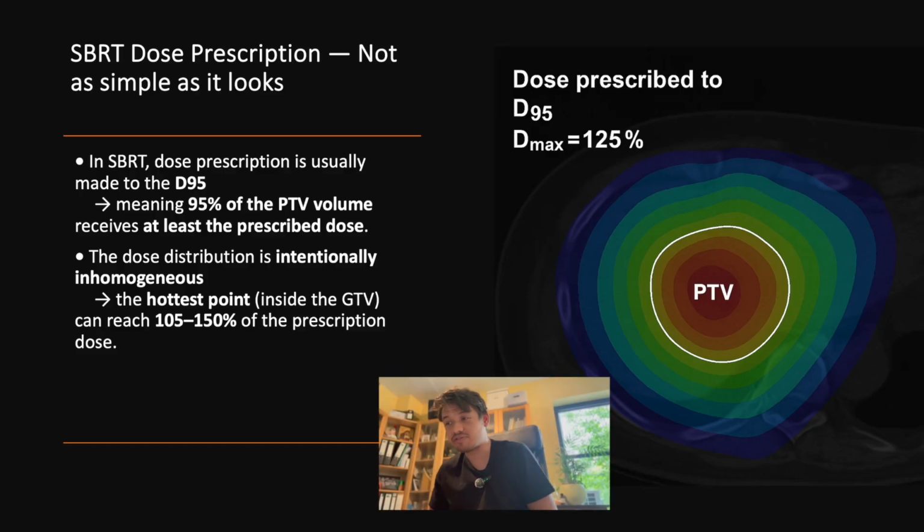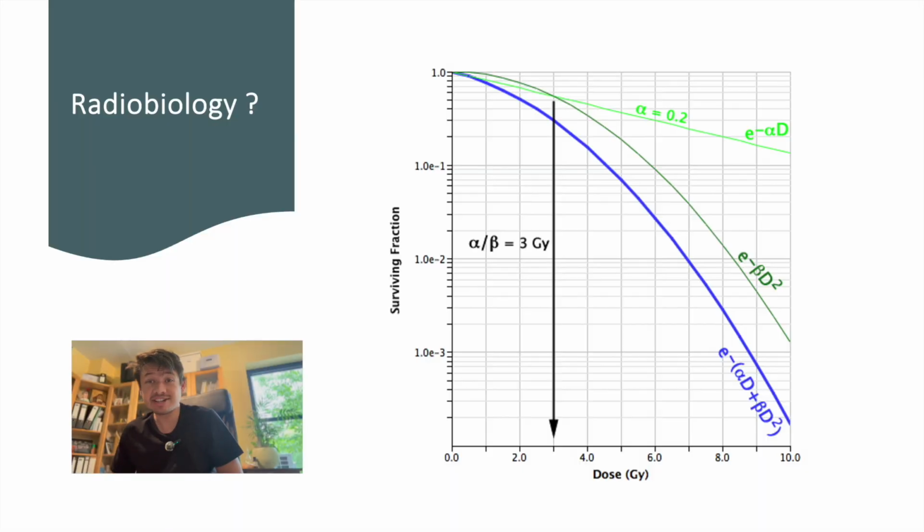Another big difference with SBRT is the way we prescribe the dose. It's usually prescribed to the D95 and the dose distribution is intentionally inhomogeneous. The hottest part can go up to 150% inside the target. There is still a lot of debate about using the linear quadratic model at such high doses per fraction.